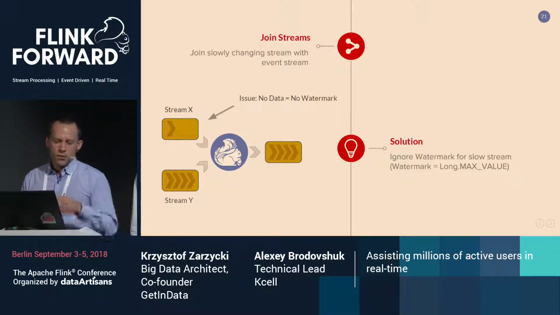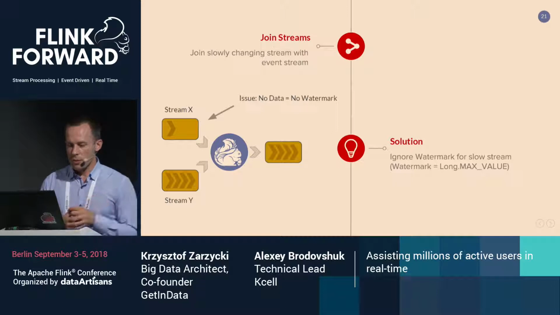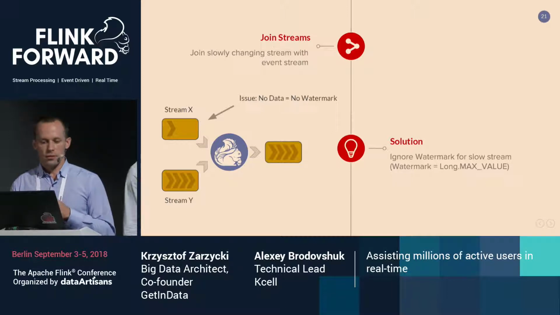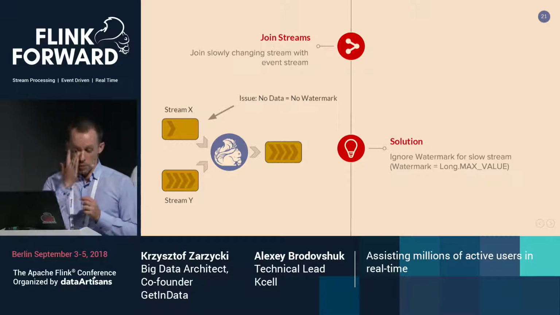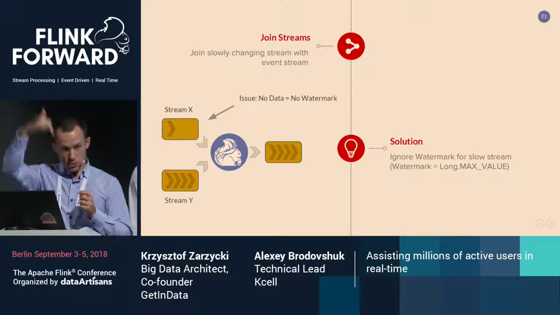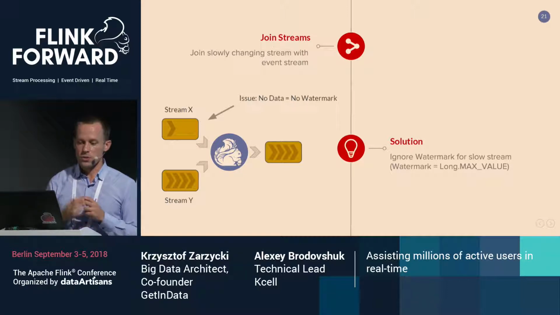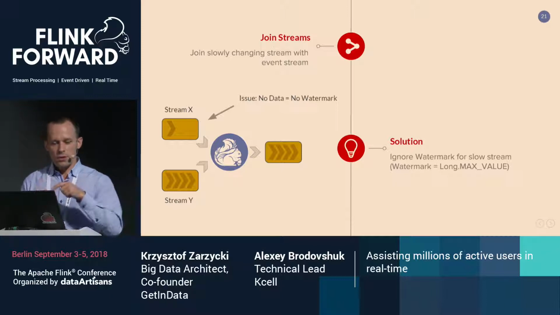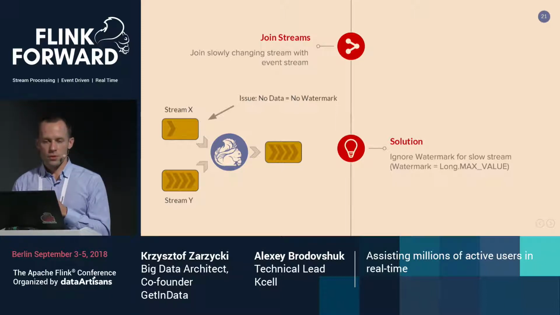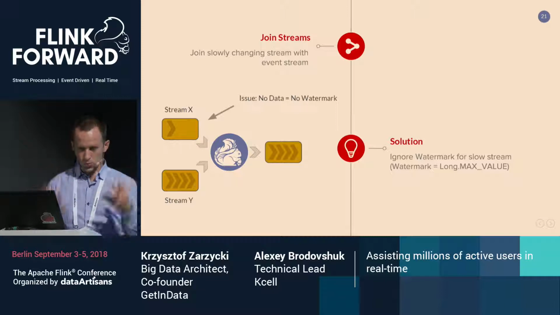Another issue, a technical one you might stumble upon if you design something like that, is that joins with slowly changing streams might be problematic. For example, the control stream is slowly changing. The events don't happen often. If the event doesn't happen, no watermark is produced. That makes the whole job unable to progress because watermarks don't progress.